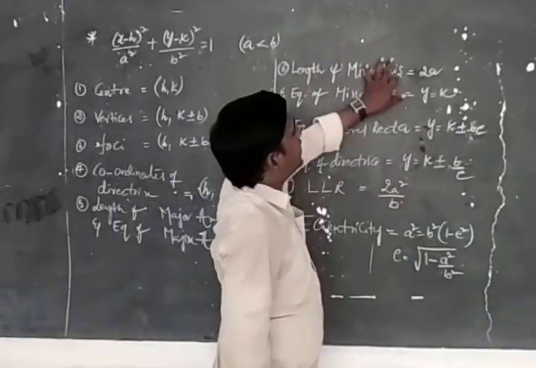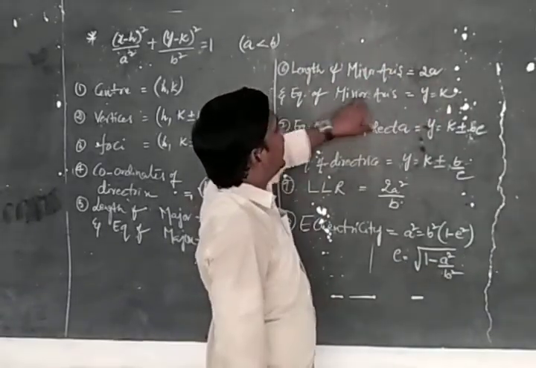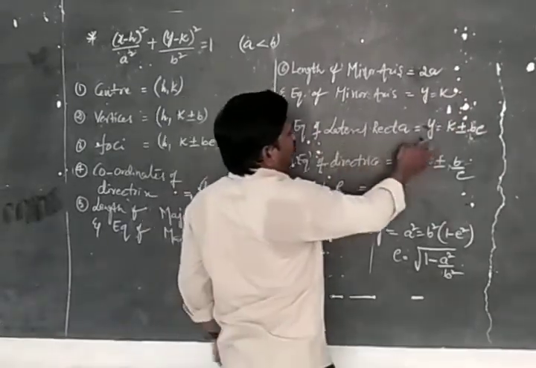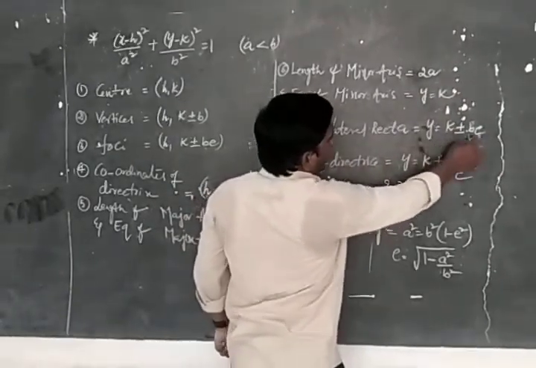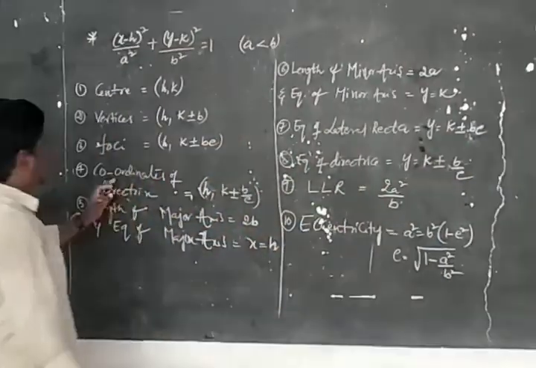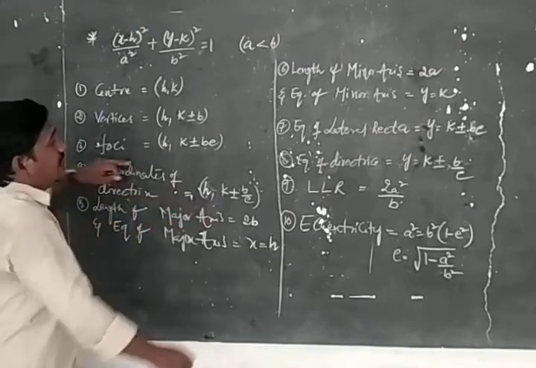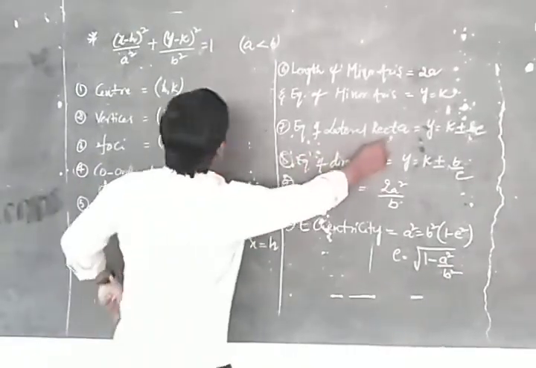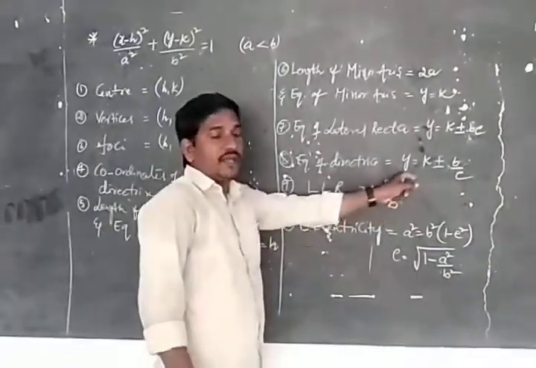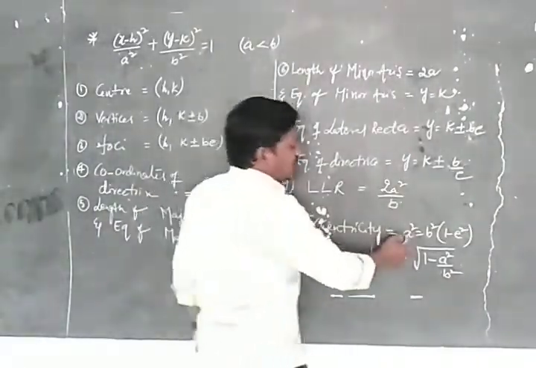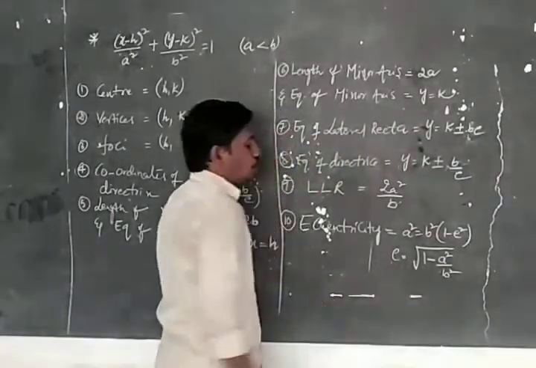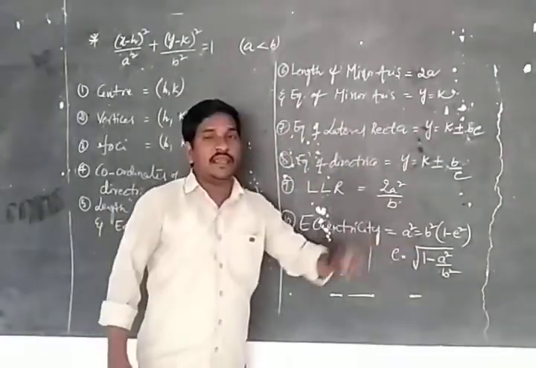Length of minor axis 2a and equation of minor axis y is equal to k, and equation of lateral recta y equal to k plus or minus b. And equation of directrix we have to take from the coordinates of the axis, and equation of the lateral recta we have to take from the foci. And LLR 2a square by b, and eccentricity a square equal to b square into 1 minus e square. Now e equal to root of 1 minus a square by b square.